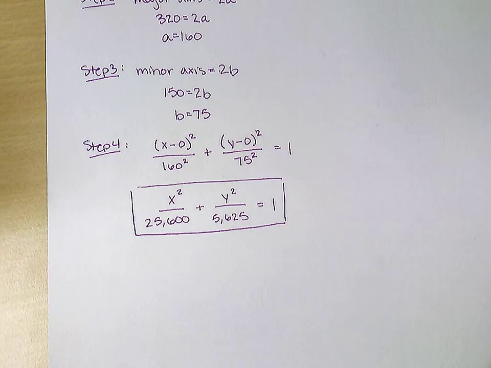And that would be your answer. Sometimes it is easier just to use those axes to find your a and b value instead of the vertices or the co-vertices. But it is up to you whichever way you find easier to find those two values.